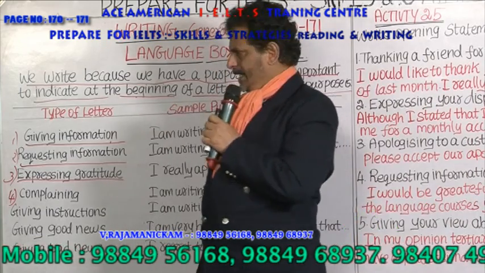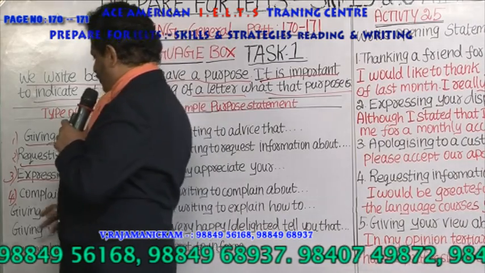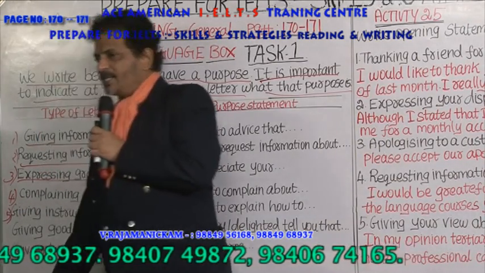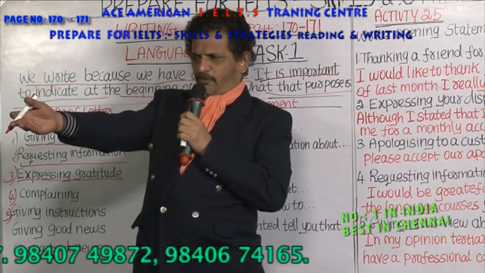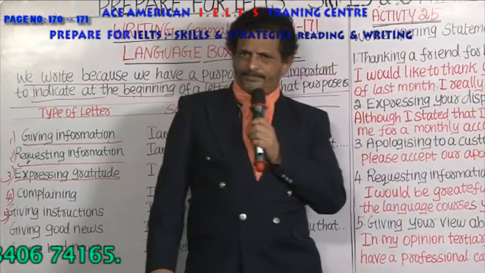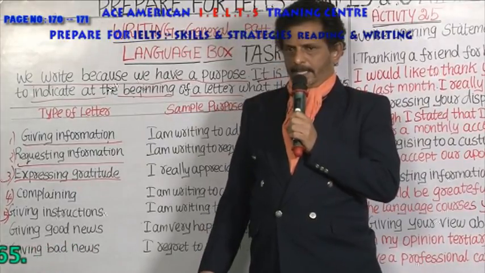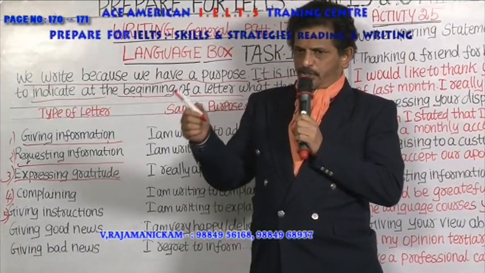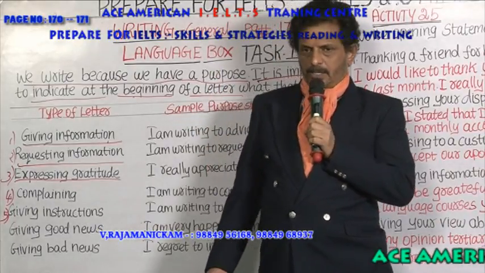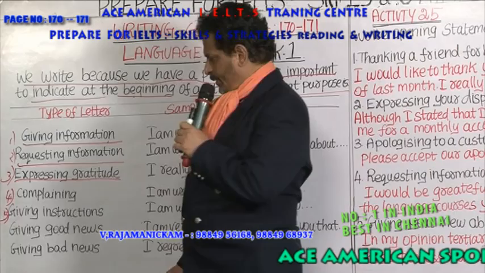So it's a complaining letter. Then giving instructions. What is the instruction letter, sir? I give a cell phone to you and tell you how to operate it. You are buying a laptop from me and I give instructions on how to operate the laptop. It is called a giving instruction letter.